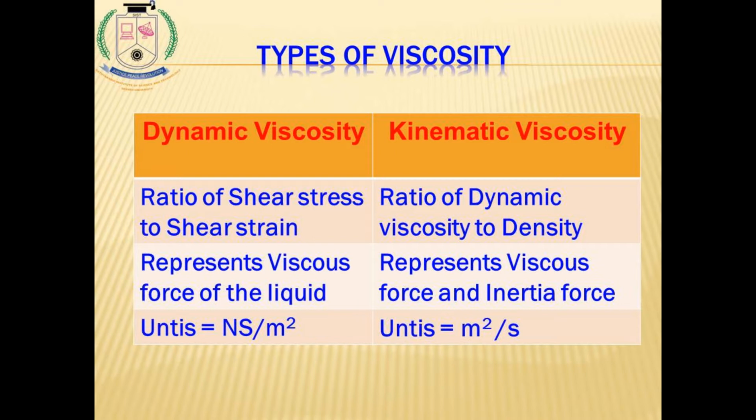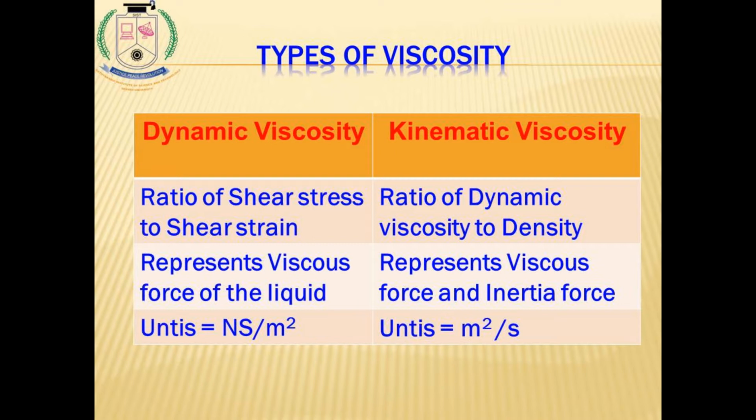We have two types of viscosities: dynamic viscosity and kinematic viscosity. Dynamic viscosity is the ratio between shear stress and shear strain.